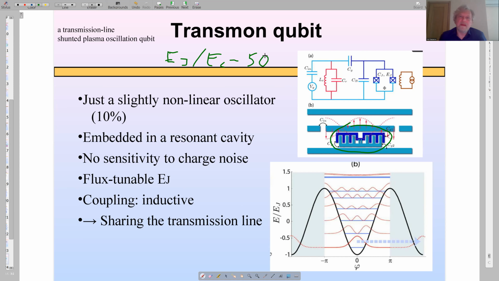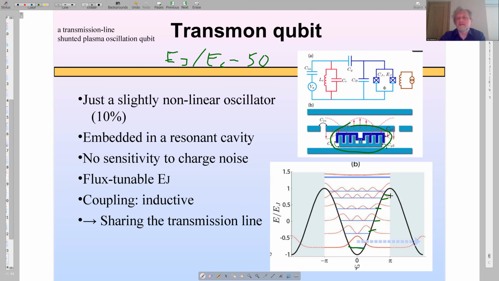What does it mean? It means that the Josephson energy dominates, charging energy is small, so it provides quantization in a cosine-like potential. And right here, those are quantized states in this potential, which is, I guess, close to actual transmon states.